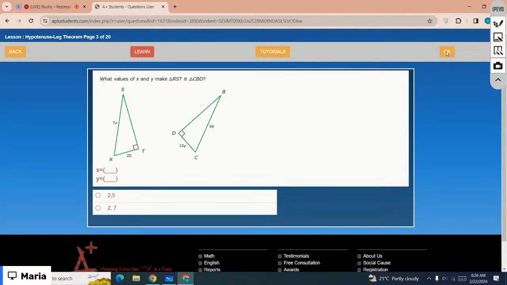What value of x and y make triangle RST and triangle CBD congruent? So, which is the correct option?